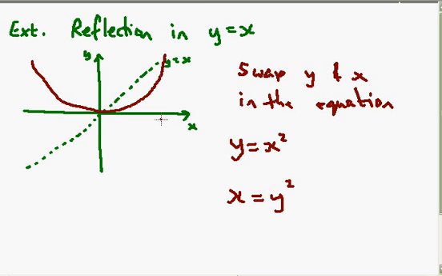It's a pretty poor version, but there you are. Then the image will look something like this. So it is a reflection in this diagonal line y is equal to x, and the equation for this one, on the side, is x is equal to y squared.